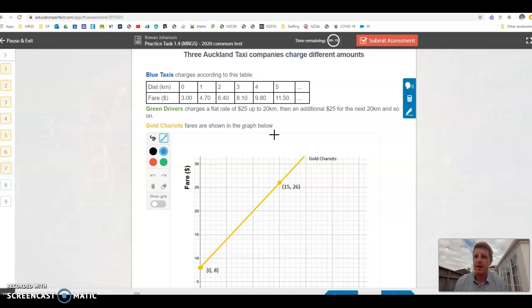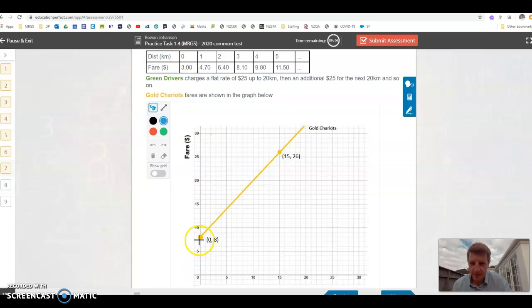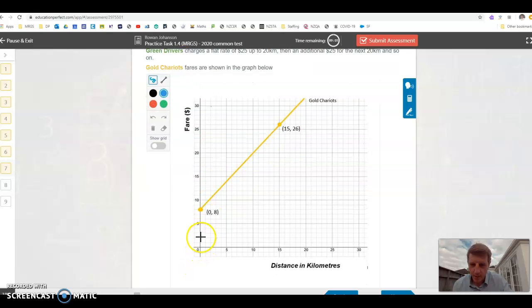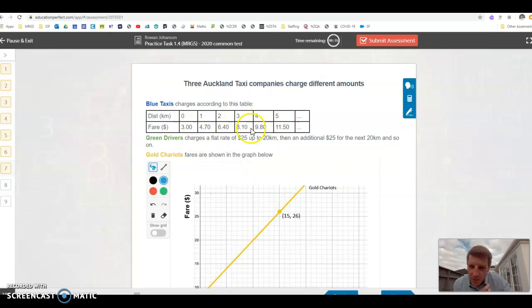So the first thing I'm going to look at is blue taxis and look at the table. And what I've got is these distances, and I can plot these points on the graph, and I only need to plot 2 points. So the points I'm going to plot is 0, 3. So if I go down, I go 1, 2, 3. So there's 1 point, and I'm probably pretty gumby with this. And then I can put another point at, where's a nice point?